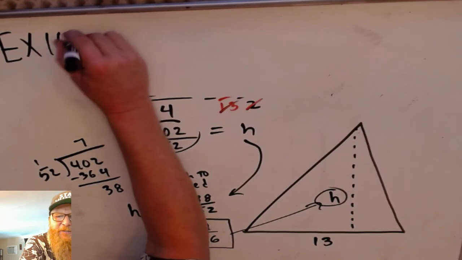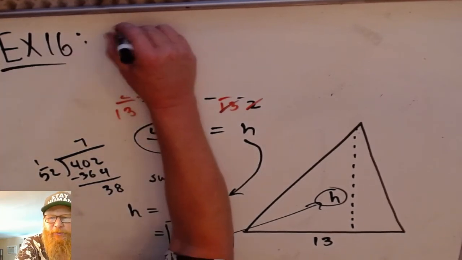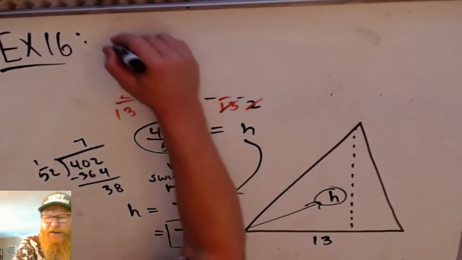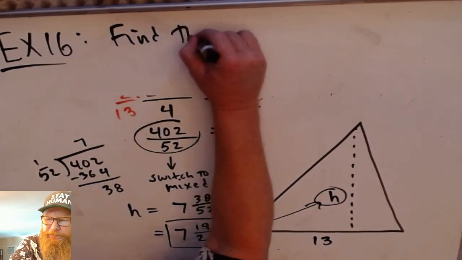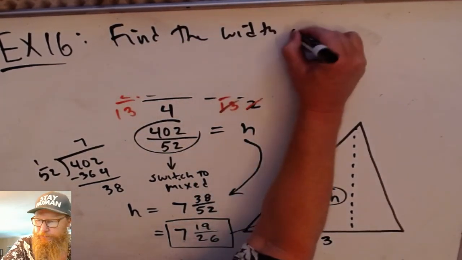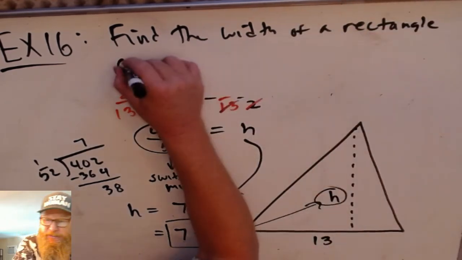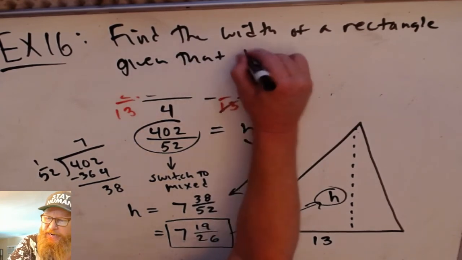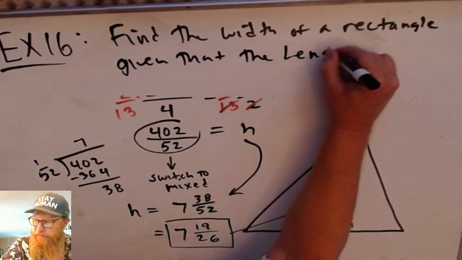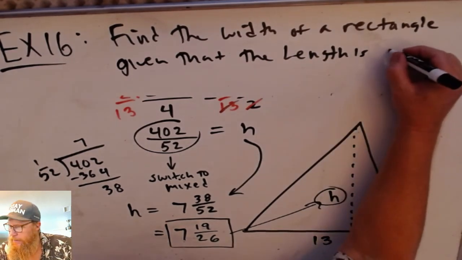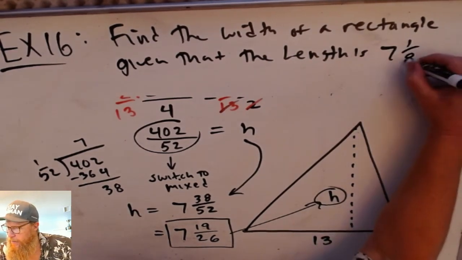Example 16. Perimeter. Find the width of a rectangle given that the length is 7 1/8.